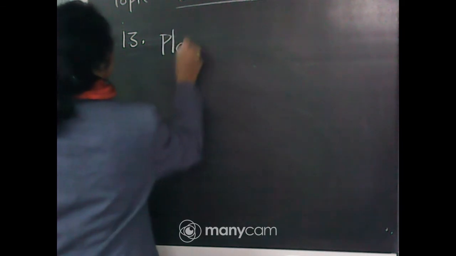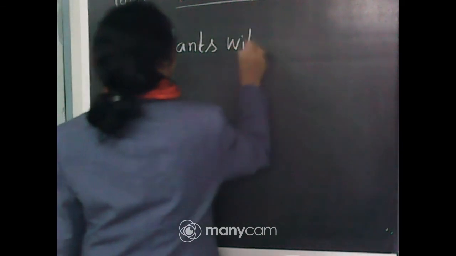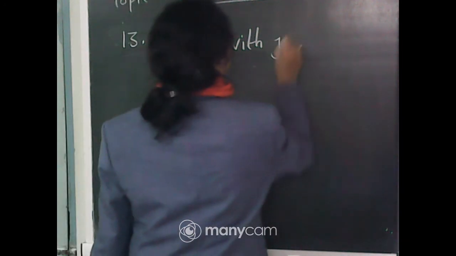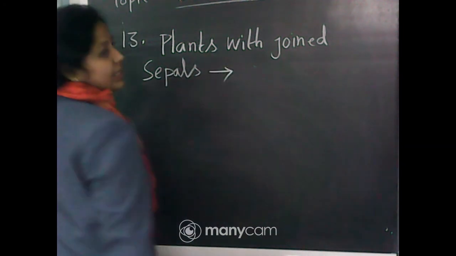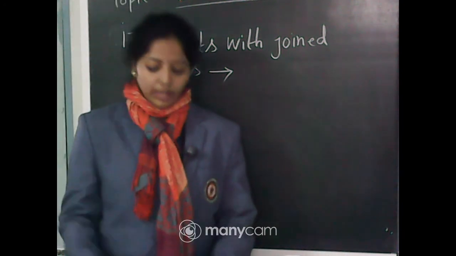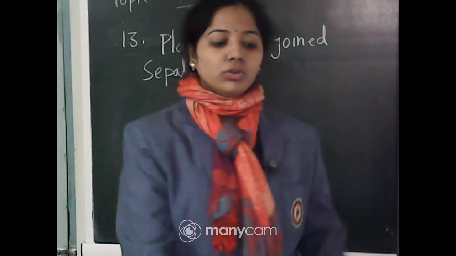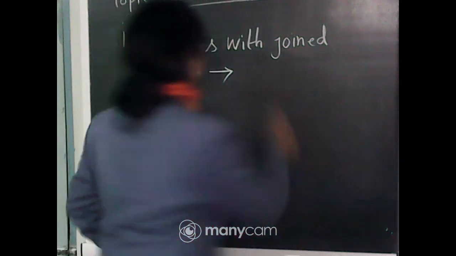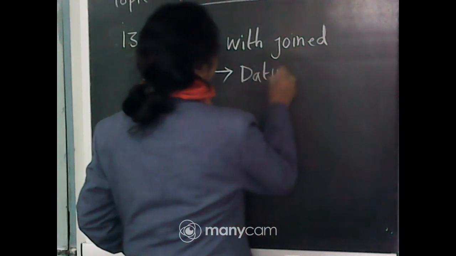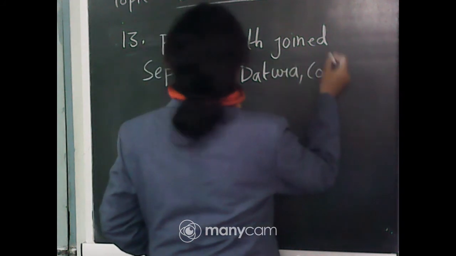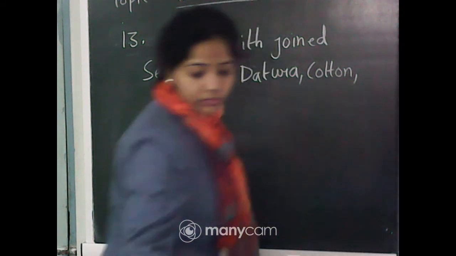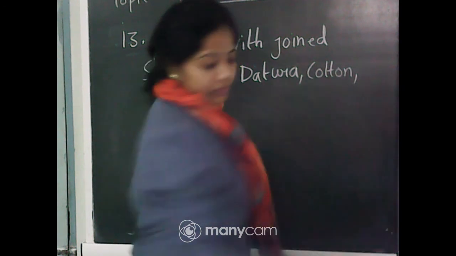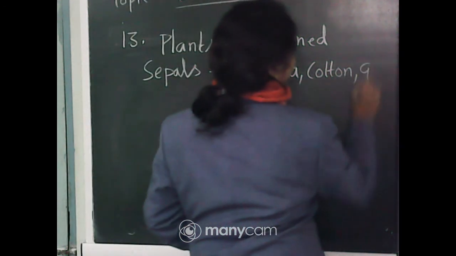Plants with joint sepals: you can write some examples of such plants like dhatura, then the cotton plant also, and then gourd. So you can write dhatura, cotton flower, and gourd.